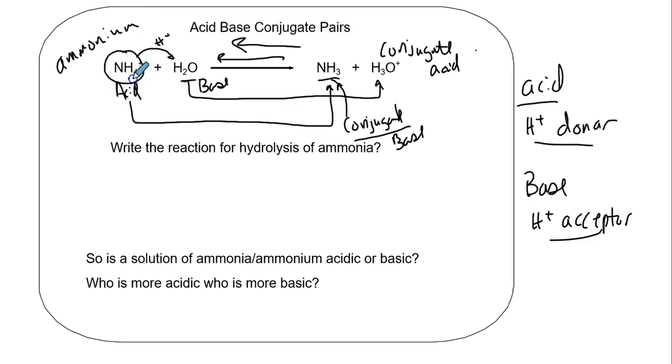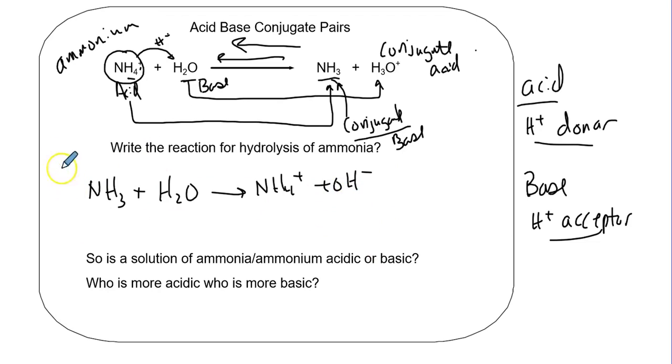This guy has the extra H plus, therefore this is the acid. But once it loses it, it becomes this guy. Now it's a base. It can accept one. So the ammonia can turn around and grab an H plus. Now it's going to get that from water, and it's going to produce NH4 plus and OH negative.